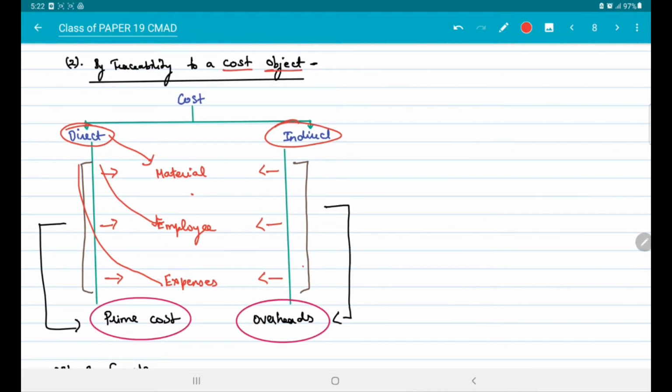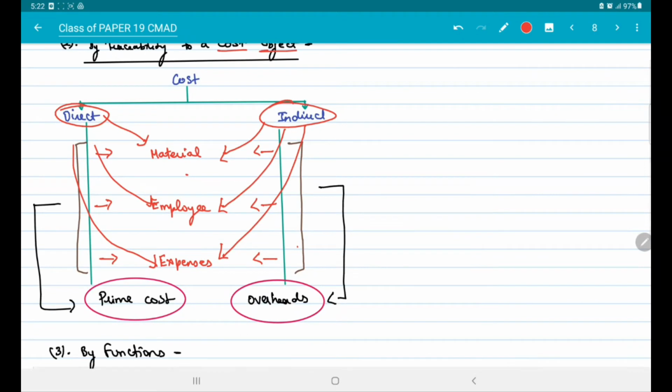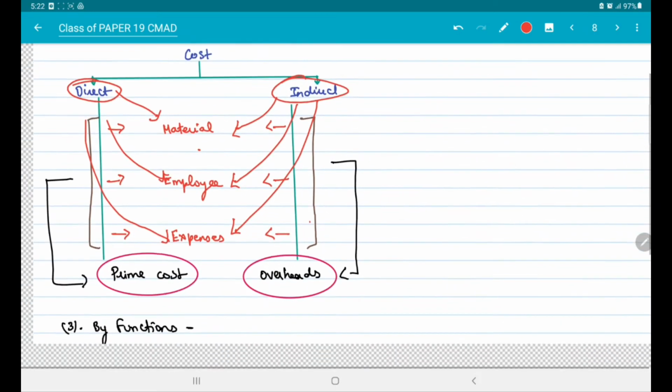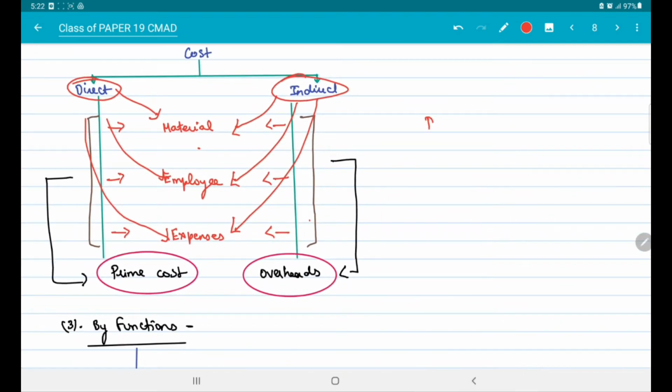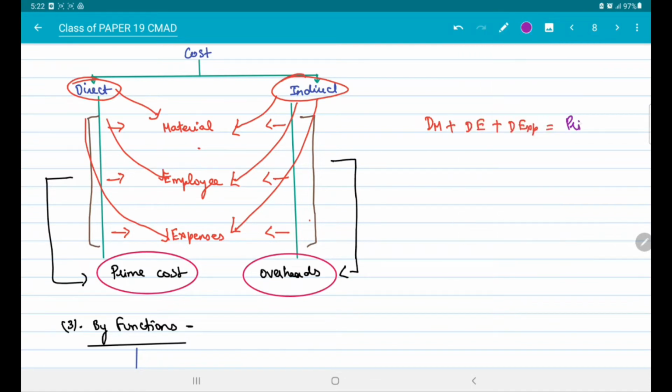And you should know this: direct material plus direct employee plus direct expenses is known as prime cost. You might have read this in inter level.